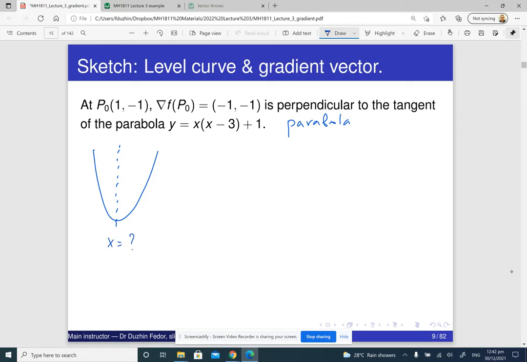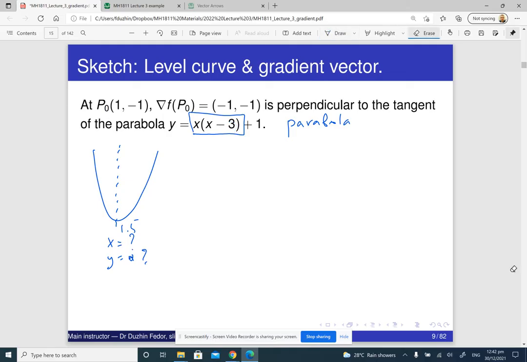Now, what is the apex of the parabola? How do we know? Basically, we have a very convenient form here, x times x minus 3. If our quadratic function is expressed as x times x minus something, then the apex is precisely half of this, which is 1.5. So the apex here is 1.5. And what is y corresponding to the apex?